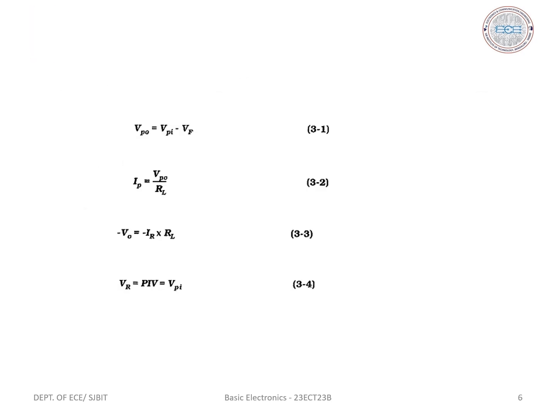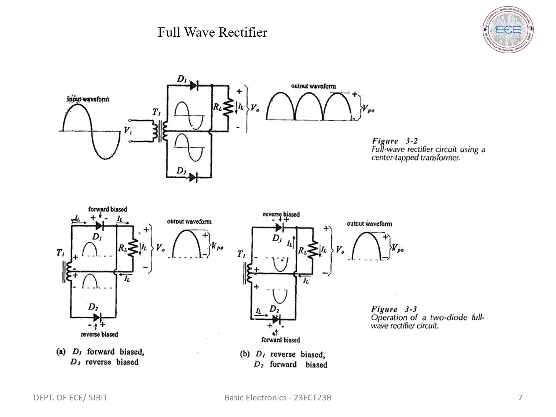Next we will start with the full wave rectifier. The rectifier which conducts during both positive and negative half cycles of AC input is called a full wave rectifier. First we will consider the center tapped full wave rectifier. During the positive half cycle, diode D1 is forward biased and diode D2 is reverse biased. Hence D1 is on and D2 is off.